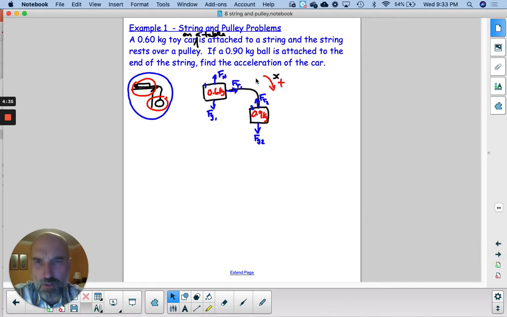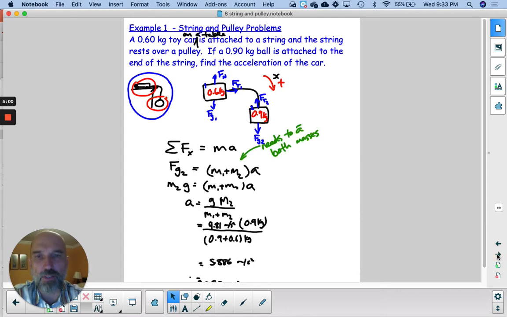If we draw the free body diagrams, we'd assign a direction, and there's a force of tension going this way and an equal and opposite force of tension going that way. Those are internal forces. What we do have is a normal force acting on the car, a force of gravity acting on the car, and a force of gravity acting on the hanging mass. Those will be the external forces.